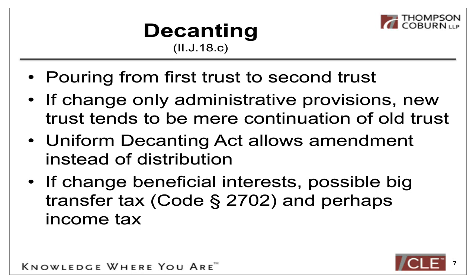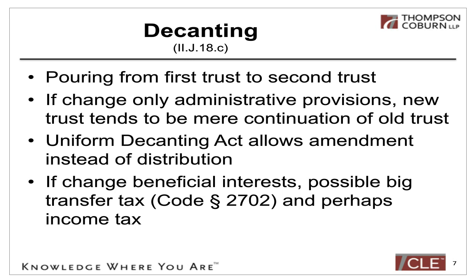So I would try to avoid decanting a QSST, and I would try to do an amendment without doing a distribution. So the Uniform Decanting Act will be very helpful in making us feel good about our decantings of QSSTs, because it'll allow us to just do an amendment without having to worry about whether we've made a distribution that really is not allowed by the QSST rules.